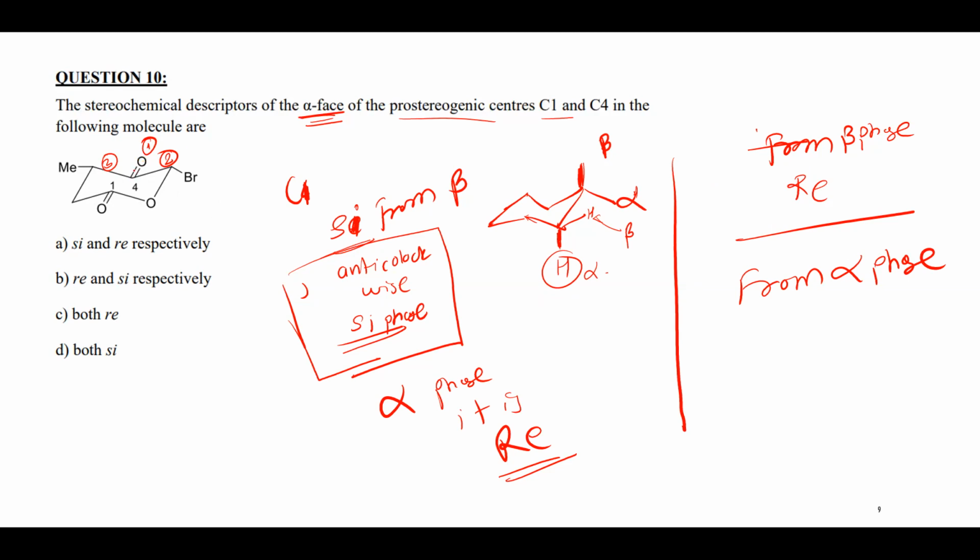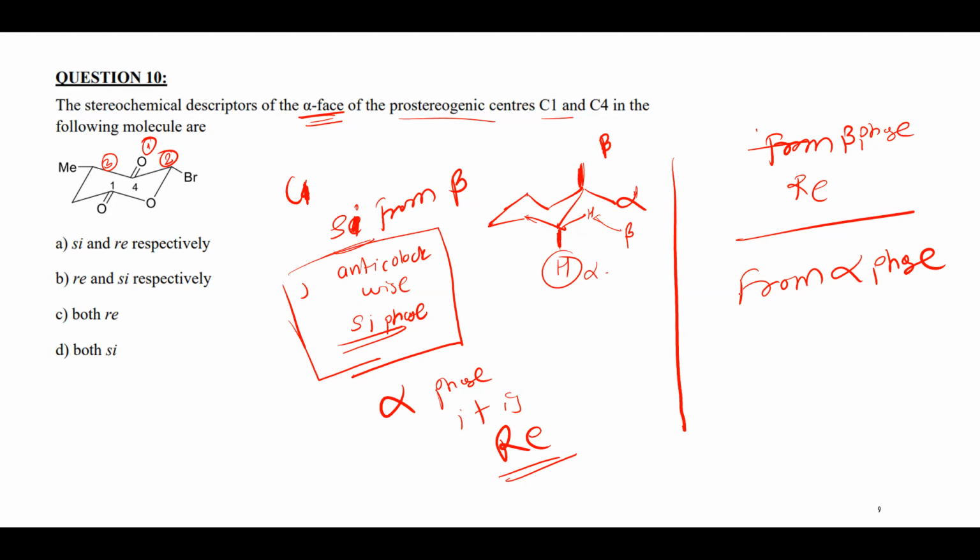In this structure, it's difficult to look at the molecule from the downside. So you can look from the upper side, that is from the beta face, and just invert.